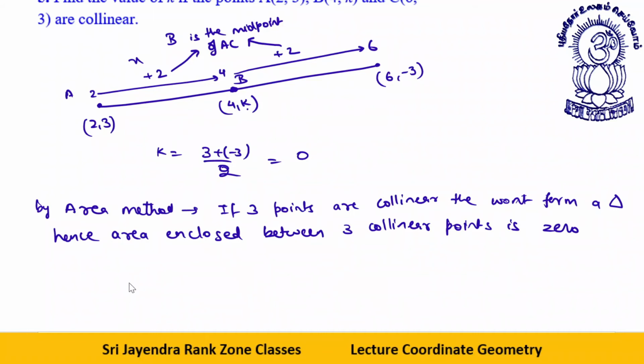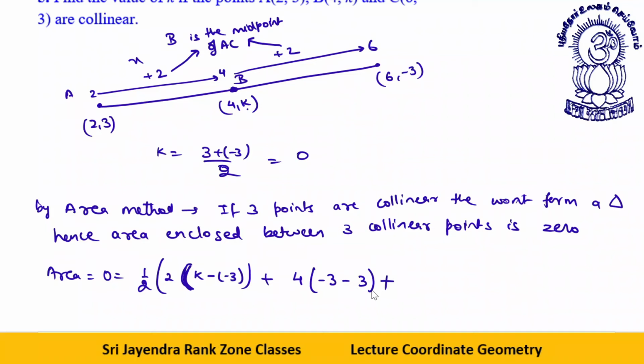So let's apply the formula. What will be the area? Area is equal to 0, is equal to half of x1 times (y2 minus y3), plus x2 times (y3 minus y1), plus x3 times (y1 minus y2).